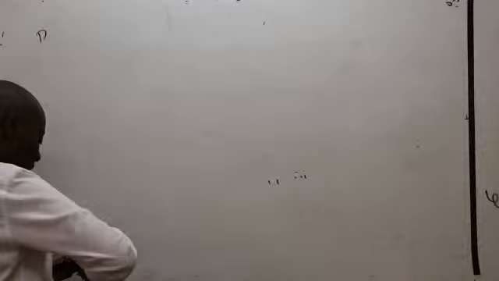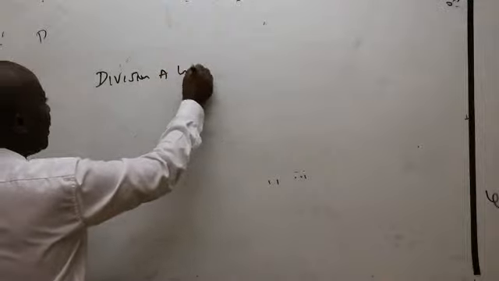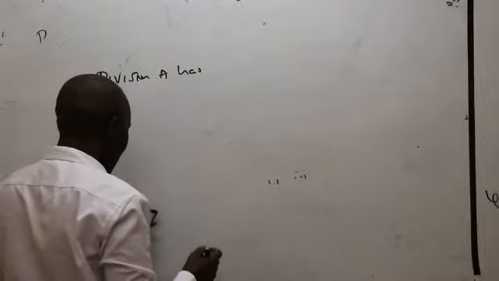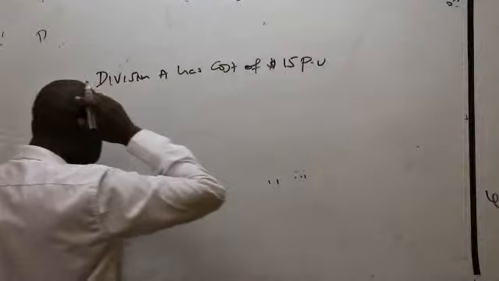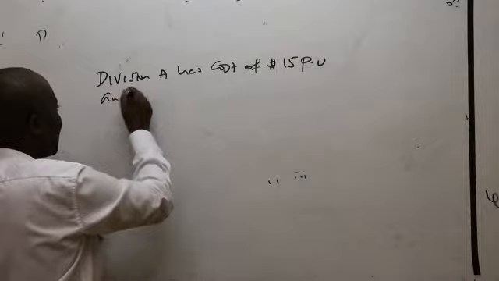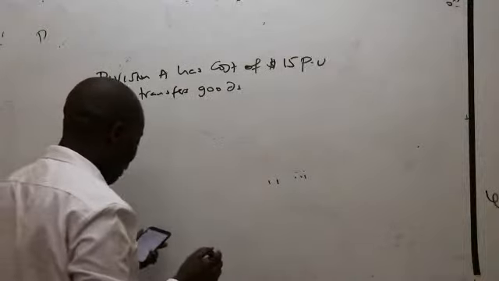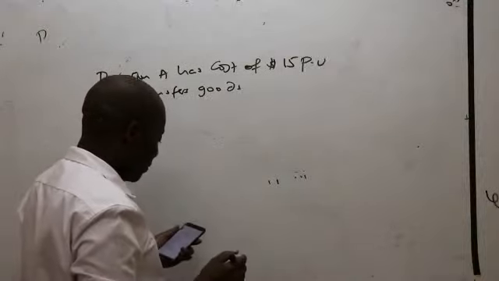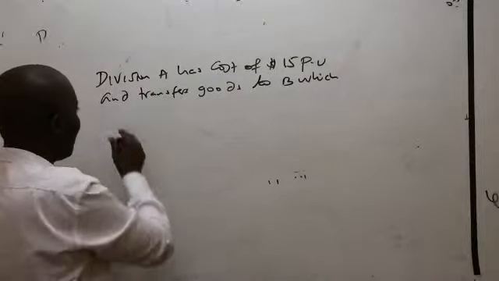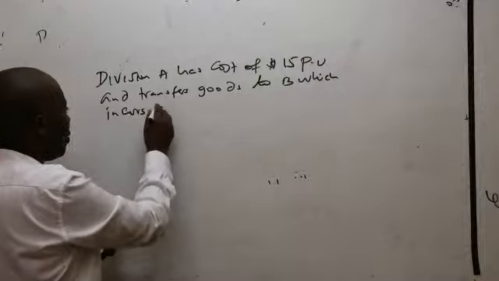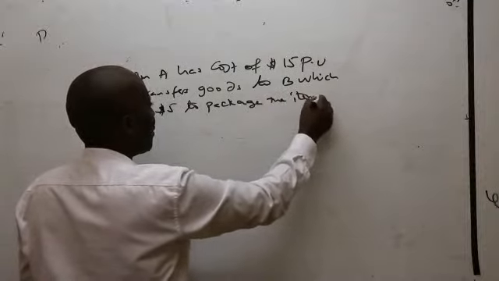Illustration. We are told here that division A has a cost of $15 per unit, and it transfers goods to B, which incurs $5 to package the items.